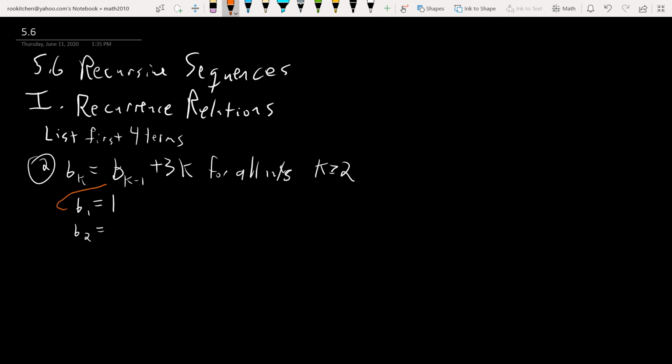So b2 is equal to b sub 1, which is 1, plus 3 times k, which in this case is 2. So it's 1 plus 6, which is 7. Once you get b sub 1, then b sub 2 is equal to b sub 2 minus 1 plus 3 times 2.